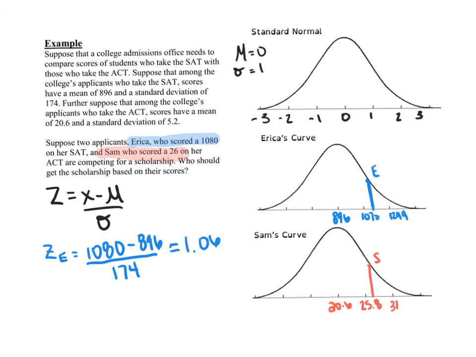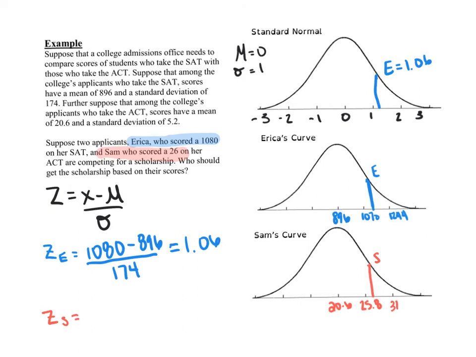That's what this means. When we're measuring this, we're actually measuring how far above the mean it is. Well, we know she did one full standard deviation away from the mean, and then she's 0.06 more standard deviations above the mean. And we're able to put that on this curve now, right here. So this is Erica's at 1.06. Now let's calculate Sam's z-score.